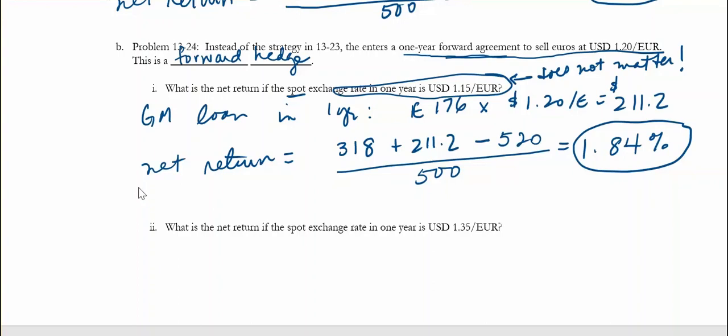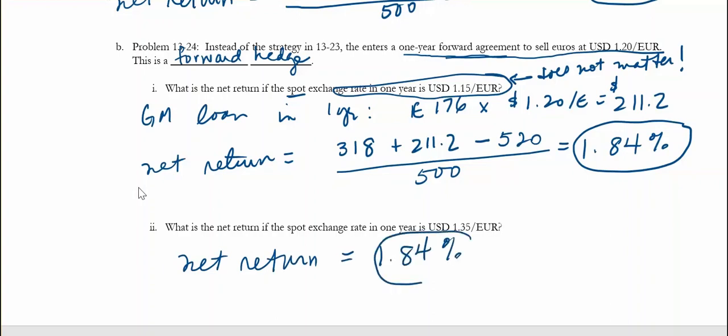Therefore the net return, if the spot exchange rate in 1 year is 1.35, is exactly still the same, because whatever the spot rate is in the future is irrelevant. By using the forward hedge, we've locked in a net return of 1.84%, regardless of what future exchange rates are.